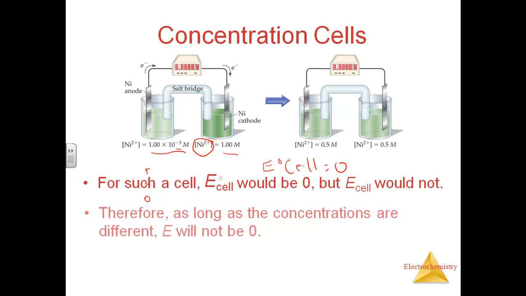E cell is when we have concentrations that are not standard. So again, this is a non-standard condition, and we can get some voltage out of this cell if it has different concentrations of the same stuff. And that's what a concentration cell is.